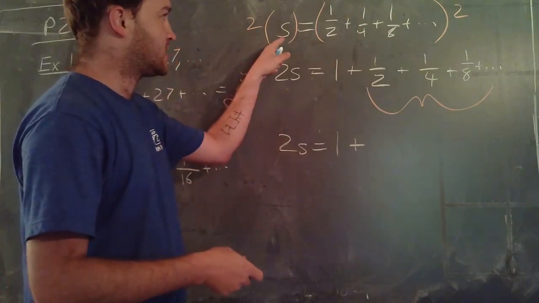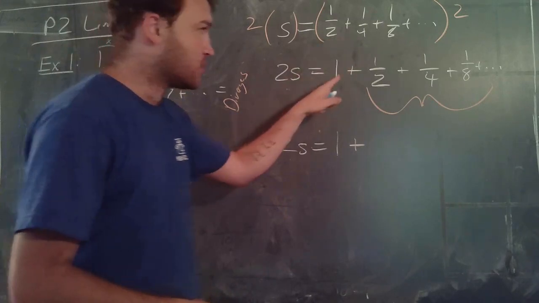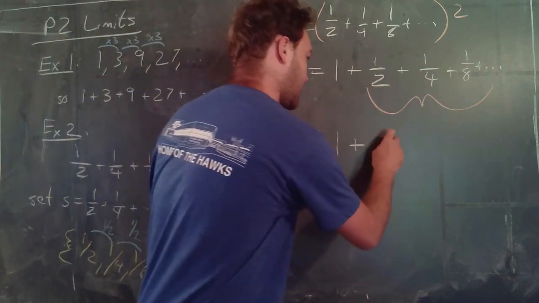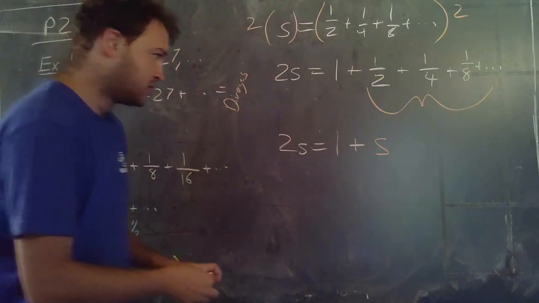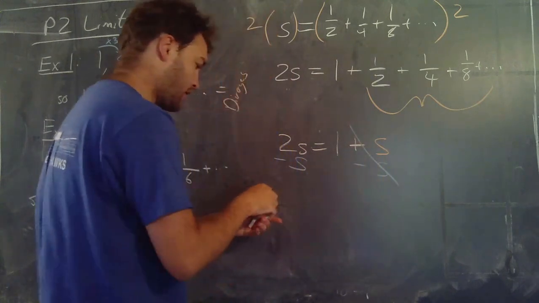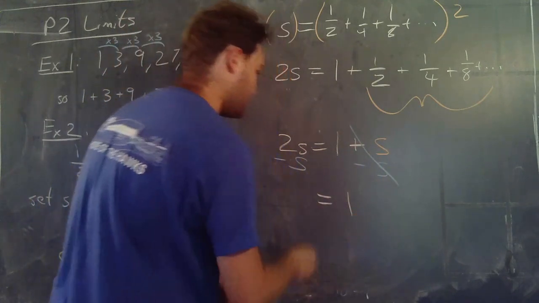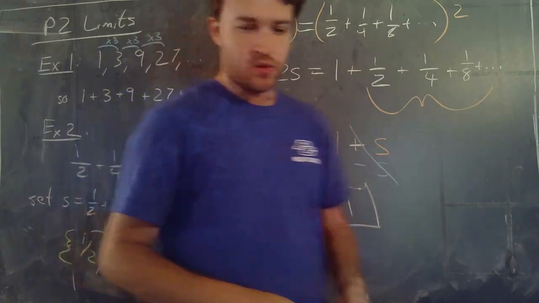The original statement was that s is equal to all that stuff in the orange underline, so I can just replace this entire orange underline with s. Now if I do some algebra here, I can take away s, canceling it off of the right-hand side, leaving me with 1, in other words, s is equal to 1.